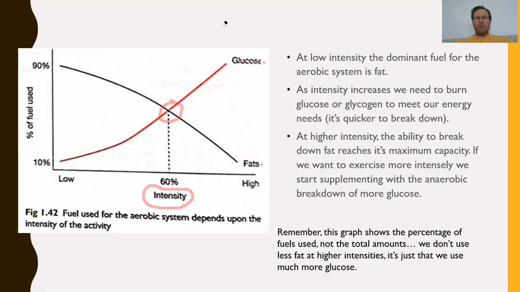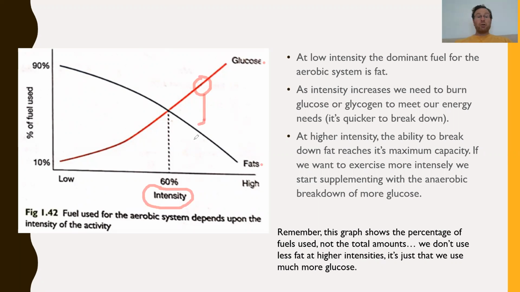If I keep increasing that exercise intensity, what you can start to see is that as exercise intensity increases, the percentage of glucose I begin to use starts to increase.